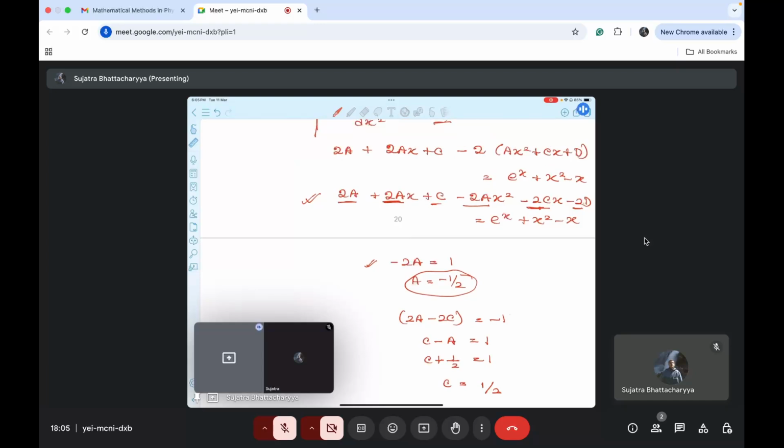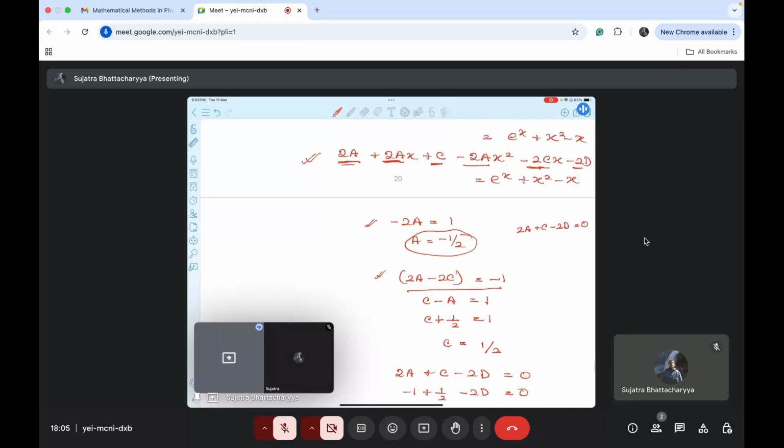Yes, so this will be, just a minute, let me just quickly see it. Yeah, so 2a minus 2c is equal to minus 1. This is another equation, definitely. And what about the constants? If you take 2a plus c minus 2d, you can write 2a plus c minus 2d is equal to, actually it is 0, right?